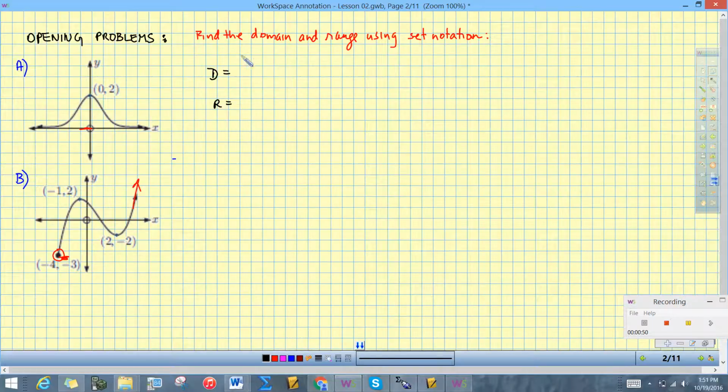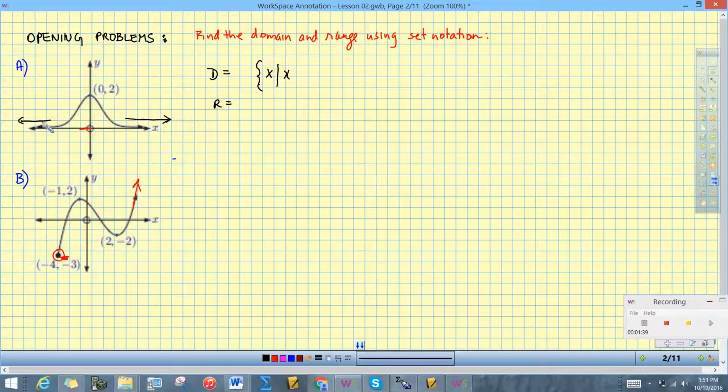So if we take a quick look at part A here, we have a graph, and if we're looking at the domain, what I'm doing is looking for the set of all x. So everything I have written out right now with the curly brackets and the x is the set of all x, such that, there's my slash, x. Now when I take a look at my values of x here, it would seem that x is going off to negative infinity on one side, to the left, and it's also going up to positive infinity off to the right, in that all the x values seem to be possible.